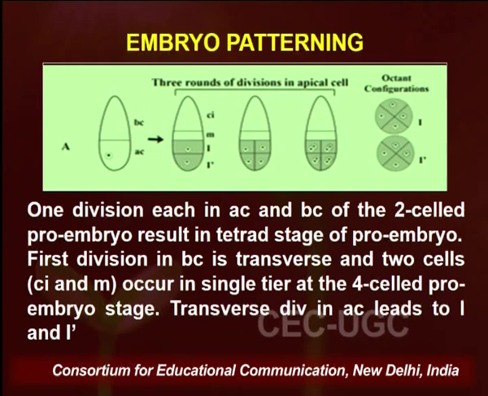First division in basal cell is transverse, and the two cells Ci and M occur in a single tier at the 4-celled pro-embryo stage, because a transverse division in apical cell also leads to formation of two cells, that is L and L dash. So, this is what embryo patterning is, and I would like to continue with the topic of embryo patterning in the next lecture.